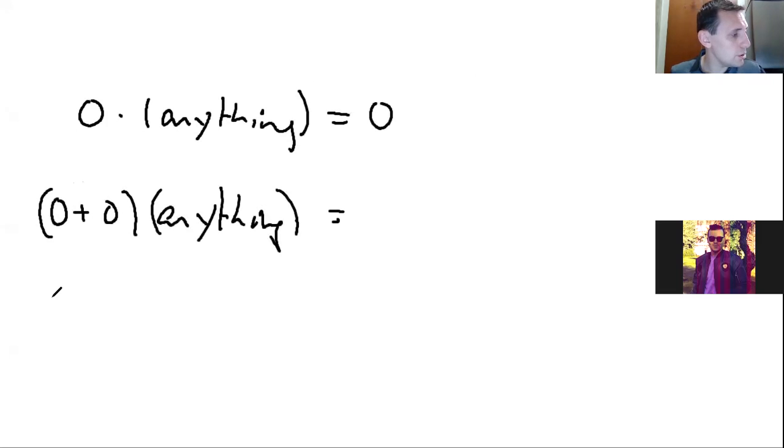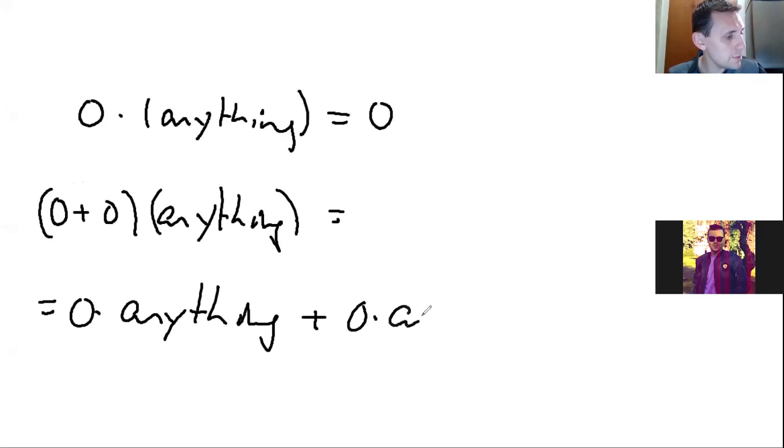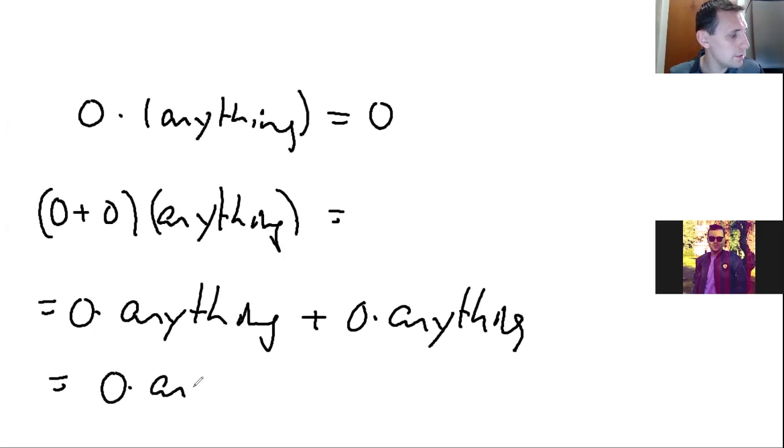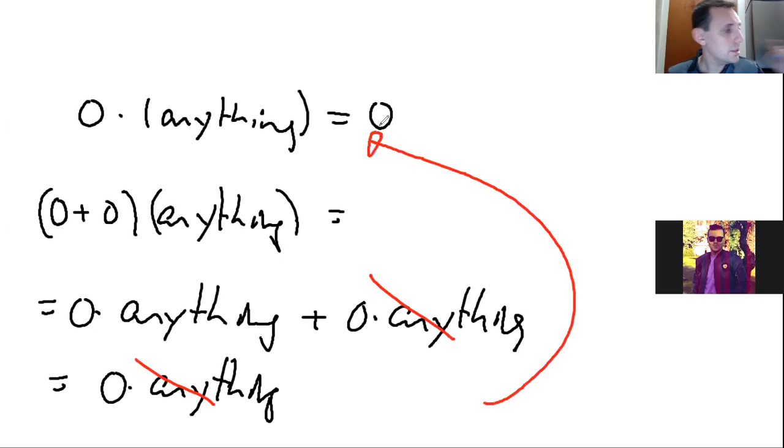And so I can distribute the anything, so it's 0 times anything plus 0 times anything equals what it used to be originally, 0 times anything. Then I can cancel out this and that, and I see that 0 times anything is 0. It's very important to understand why 0 multiplied by any real number is 0.